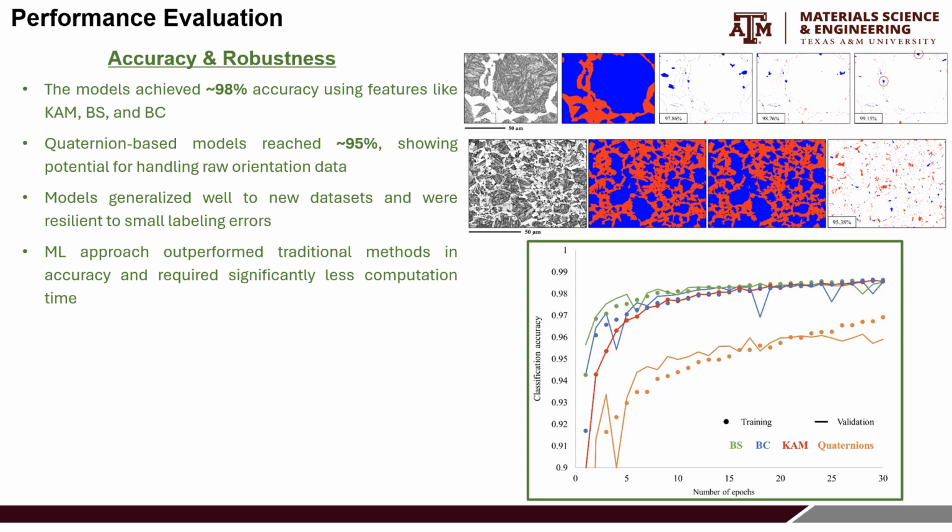The high classification accuracy was achieved above 90% in the initial stages of the training process. After 15 epochs, you can see the training and the validation classification accuracy of the band contrast, band slope, and kernel average misorientation tend to converge with each other.